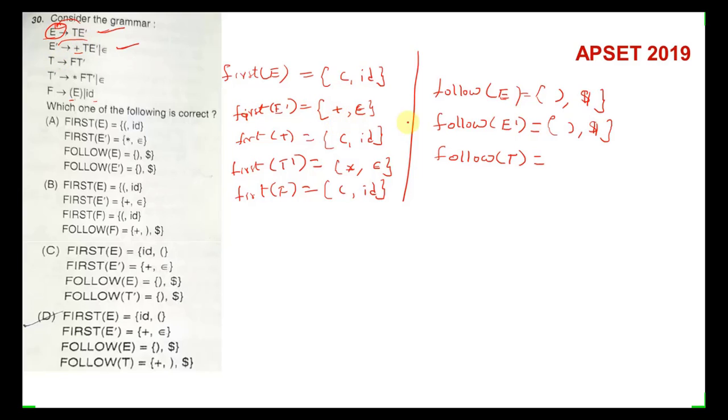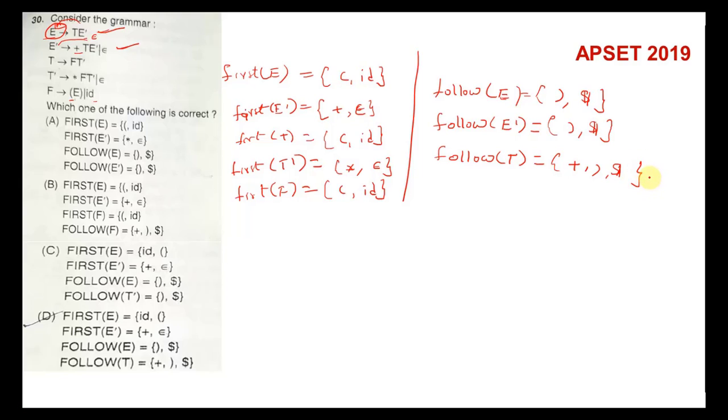We know it is plus comma epsilon. In follow calculations we never write the epsilon symbol, so when E dash becomes epsilon, the follow of T becomes the follow of E. What is the follow of E? That is the closing bracket comma dollar.